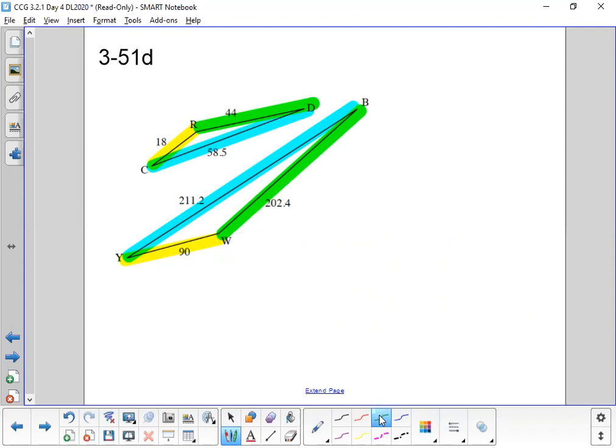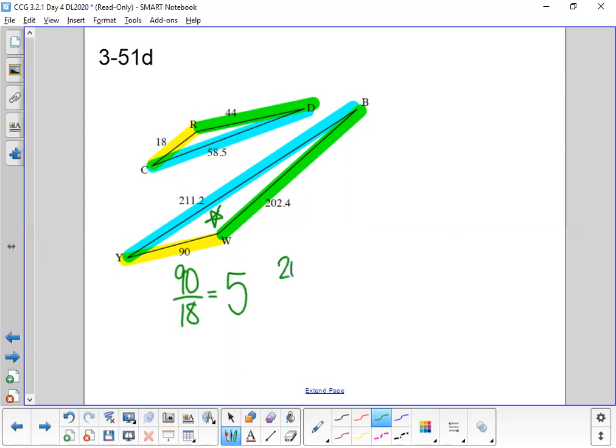Now I'm going to see what the ratio of each of them is, because that's going to tell me what I need to know about the triangle. All right, so I'm going to start with my yellow sides. I'm going to put the bigger number on top, 90 divided by 18. So I'm going to always put this triangle length on top. 90 divided by 18 gives me 5. Okay, now let's do the ones that are marked in green.